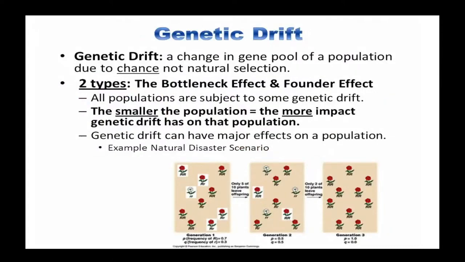Genetic drift is a change in the gene pool of a population due to chance, not natural selection. There are two forms of genetic drift: the bottleneck effect and the founder effect.